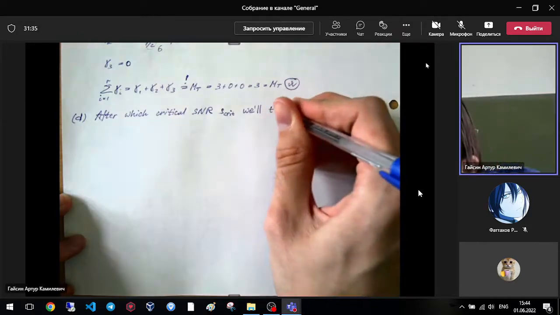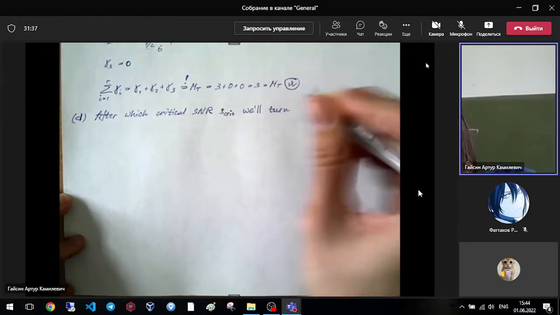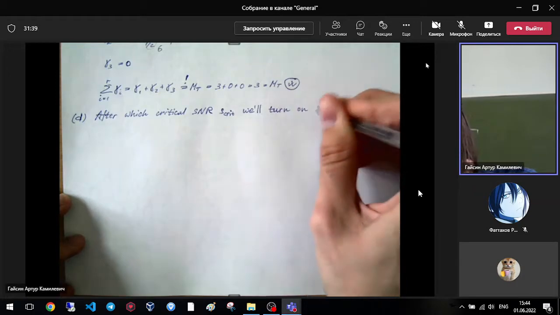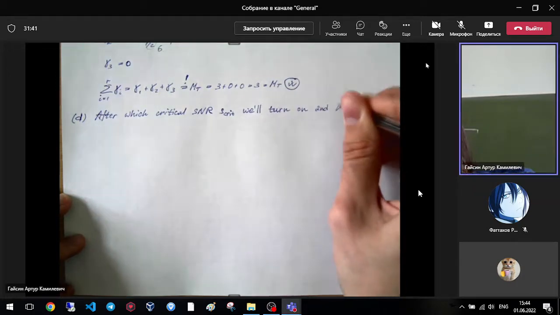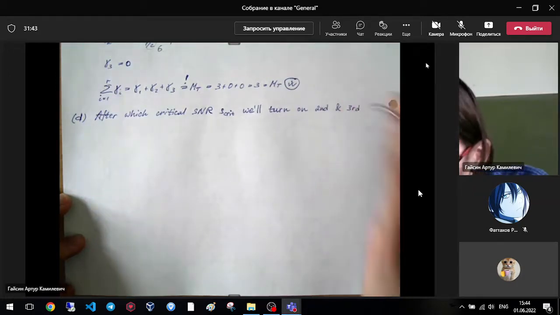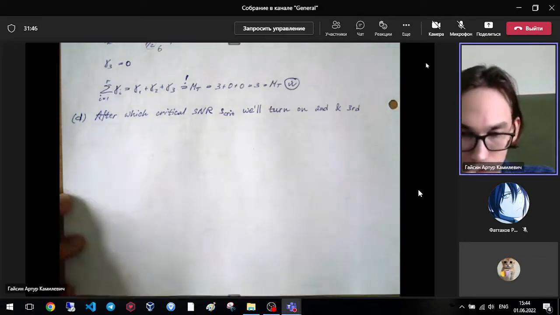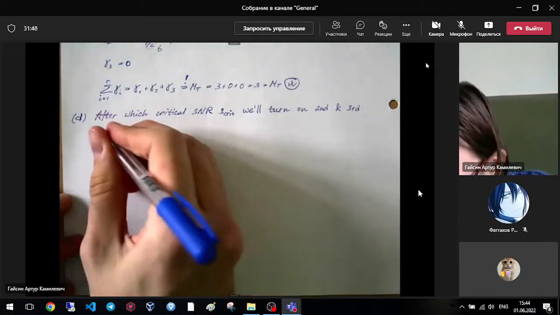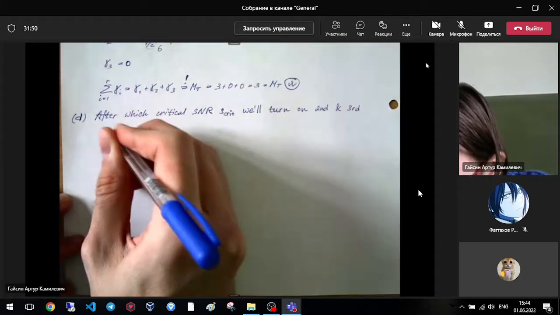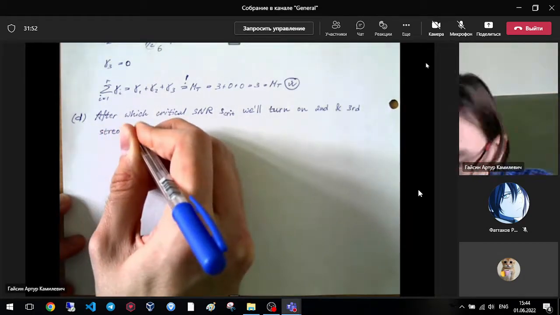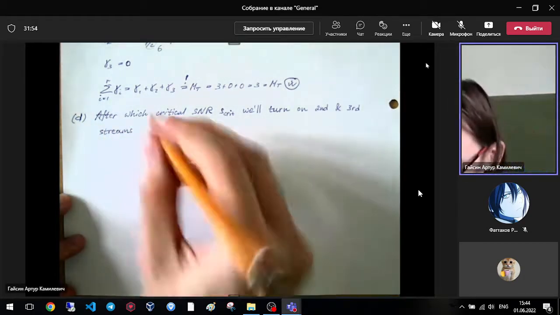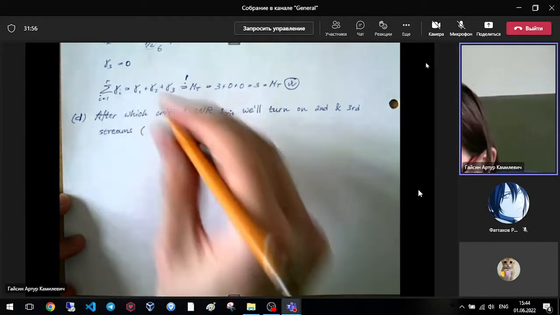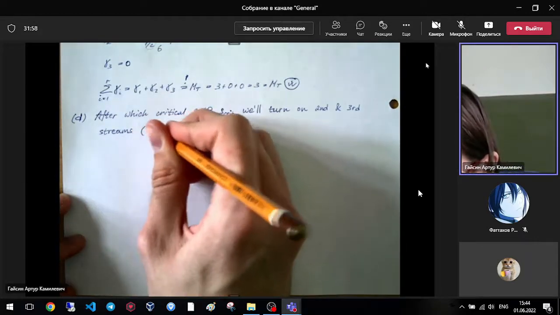So we will turn on second and third streams, or we can say also eigenmodes.